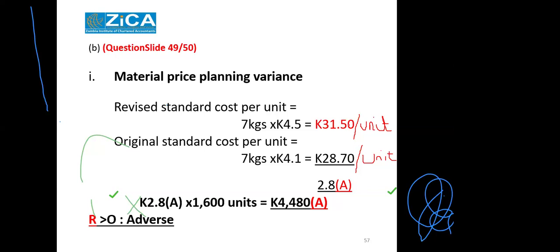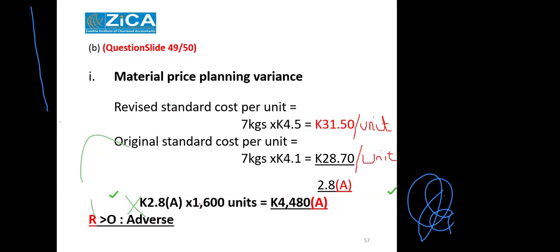Why is it adverse? There we noted that when R is greater than O, it's adverse. Because we included a lower price or lower standard costs in the budget, your budgeted profit was higher, but the actual reality is that it should be lower by 2.8. So you pass a 2.8 adverse variance. That's per unit.